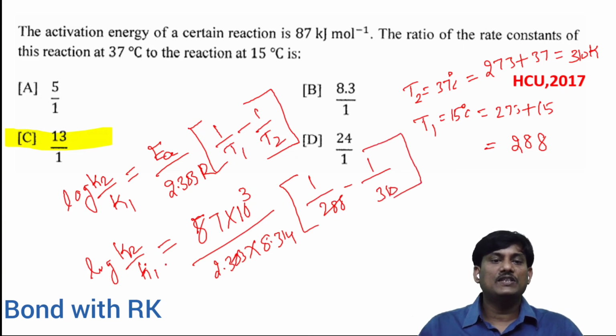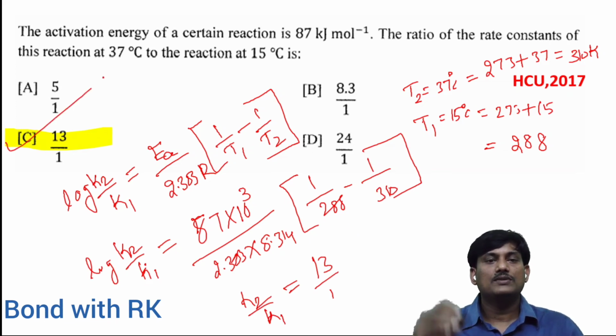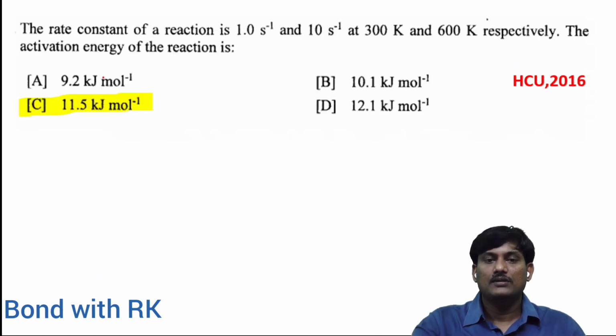So when you simplify this equation, you will get K2 by K1 nearly 13 point something. It will be equal to nearly 13 by 1. So C is the correct option.